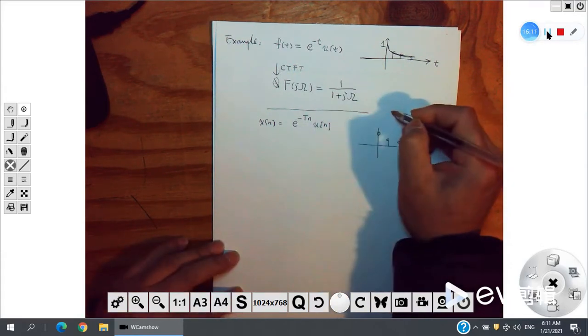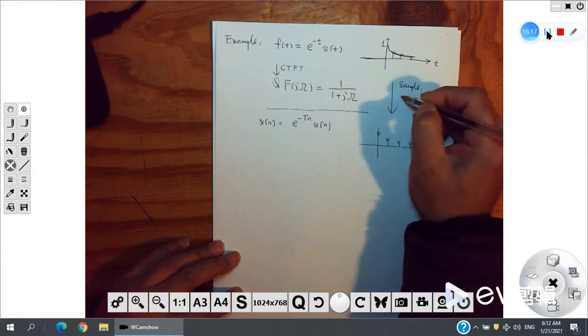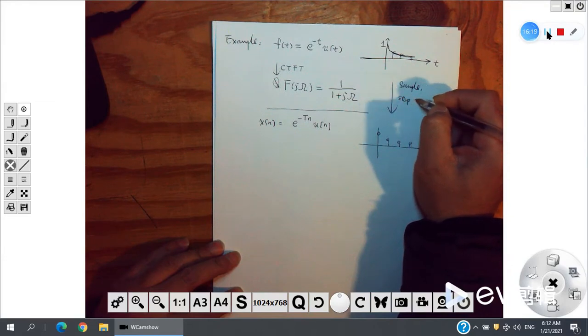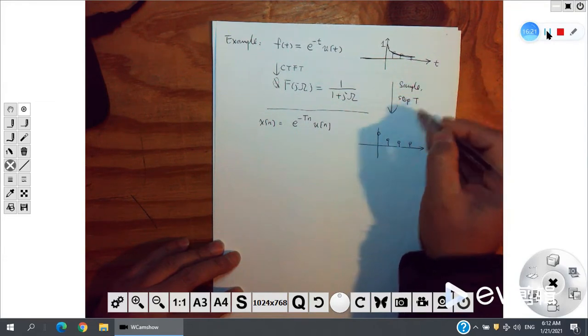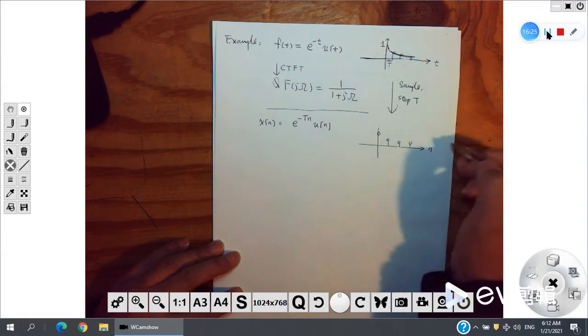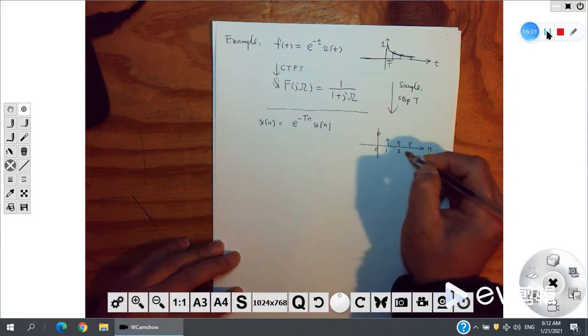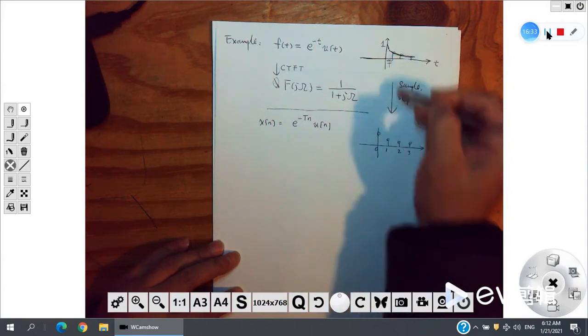We take samples with step T. So every capital T you take one sample. This is t. Right? This is n. Here n is 0, or 1, 2, 3, and so on, right? But how do you get this value?